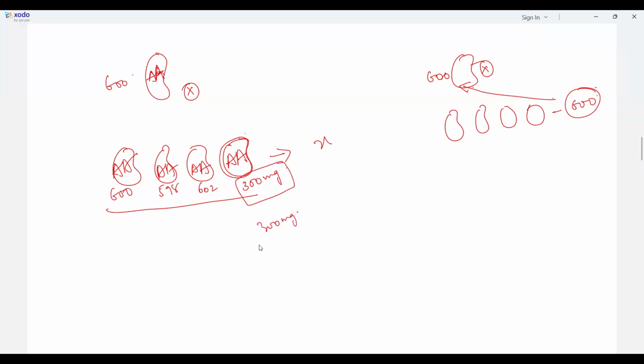So the only reason why the mean weight deviates from its parent is that it has some influence of environment. Only then has the seed weight deviated.